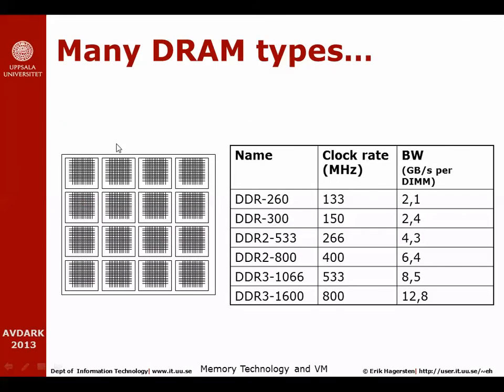So here you have it. There are many different DRAM types. They have numbers, and the numbers refer to DDR, DDR2, DDR3. That refers to different generations of implementation of DDR, and the number after the dash relates to what frequency you can run the devices at.